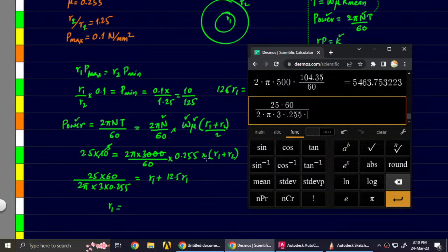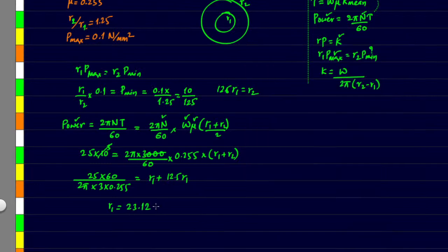And then we have to divide one more thing here, that is 13.5. So 23.12. I think this will come out in mm.